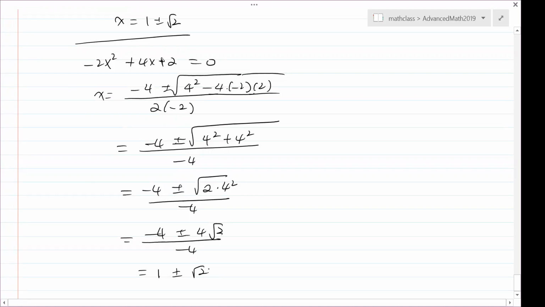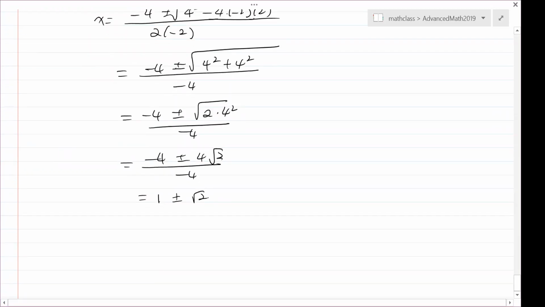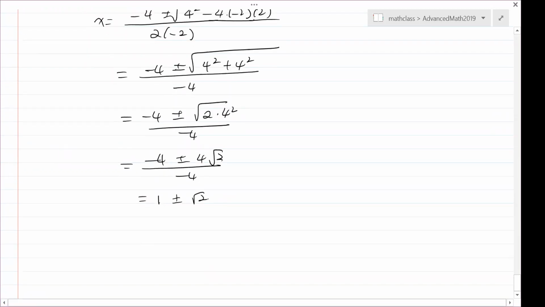One more thing: when you try to factor a quadratic function, you can also use the roots to factor it.